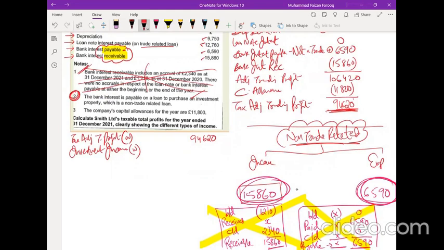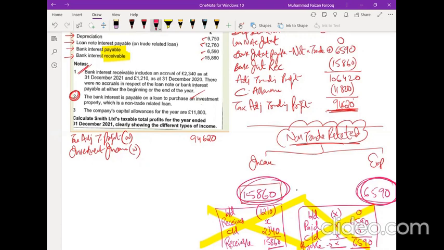There is no use of note number one information. We are going to use this note one information when it is written here paid or received. If it is received or paid, we have to use the information of accruals, that is BD and CD.